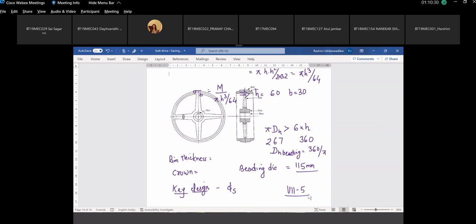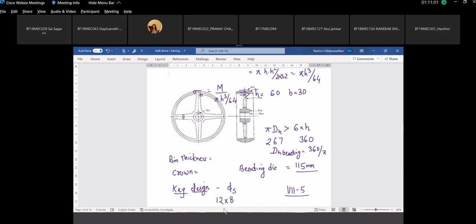For the shaft diameter 40 mm, give me the key cross section. Arshini, do you have the design data book? Yes. So for this shaft diameter, which is above 38 mm and up to 44 mm, the cross section of the key is 12 by 8.